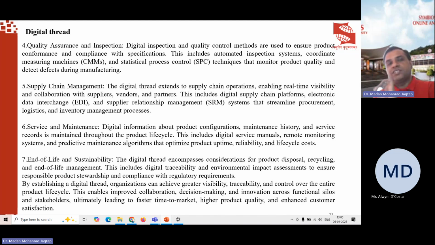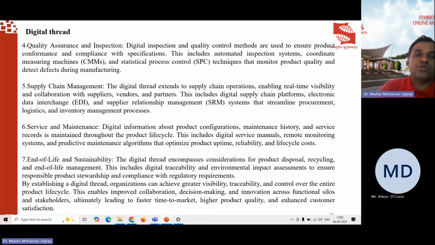So this is a communication medium across the various steps in product development and the product life cycle. Everywhere data gets transferred through the digital thread. Design data gets transferred to simulation data. Simulation data gets transferred to manufacturing data.